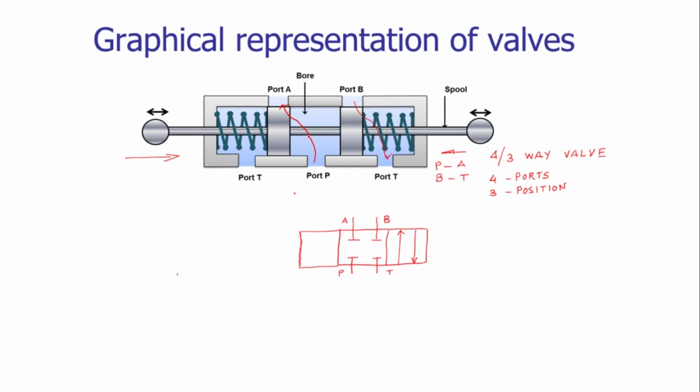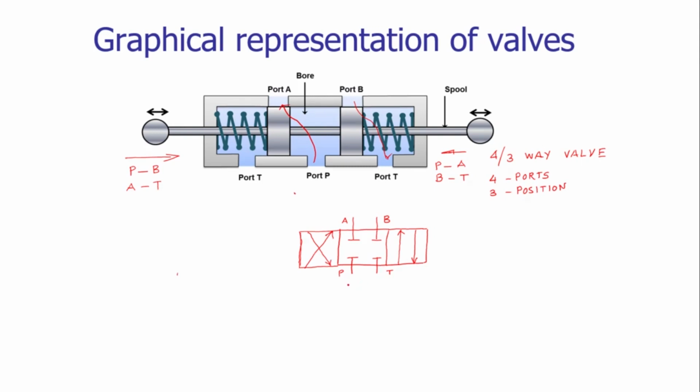Now when we are pushing the spool from left to right, the pressure port P will be connected to application port B and A will be connected to the tank port T. So P to B, and from A to T. So this is the representation of a 4 by 3 way valve.